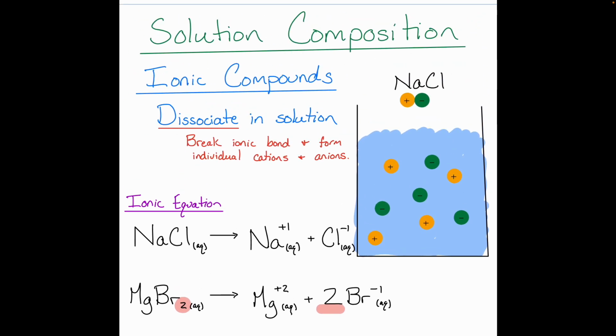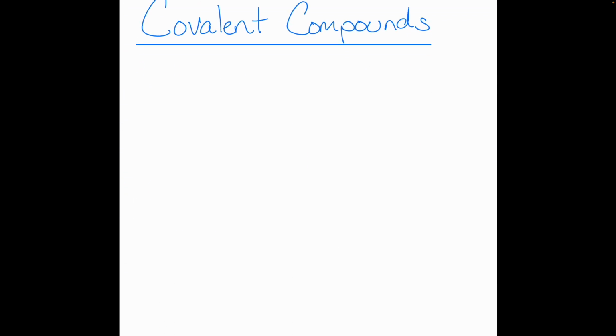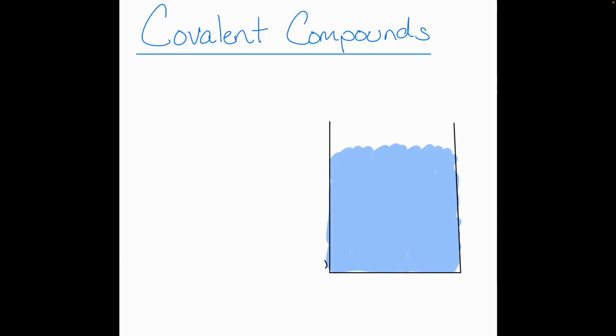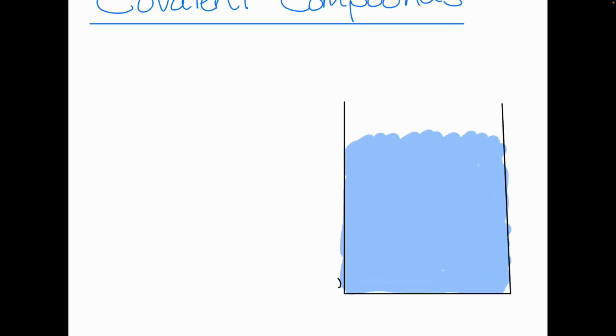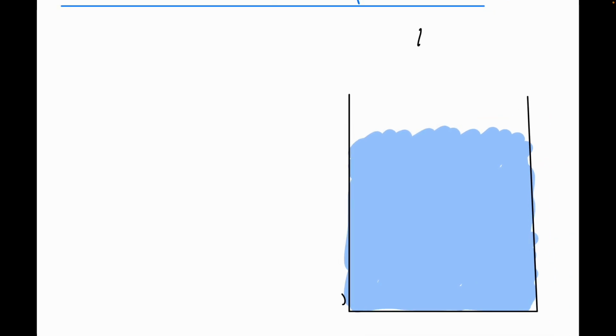All right, I'm again going to make my beaker here. But now what I'm going to add to this is a covalent compound. So let's take, for example, NH3 ammonia. You can make a solution with water and ammonia.